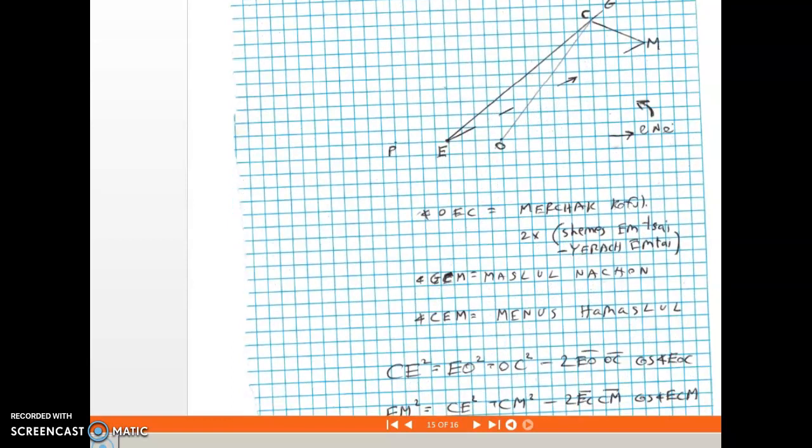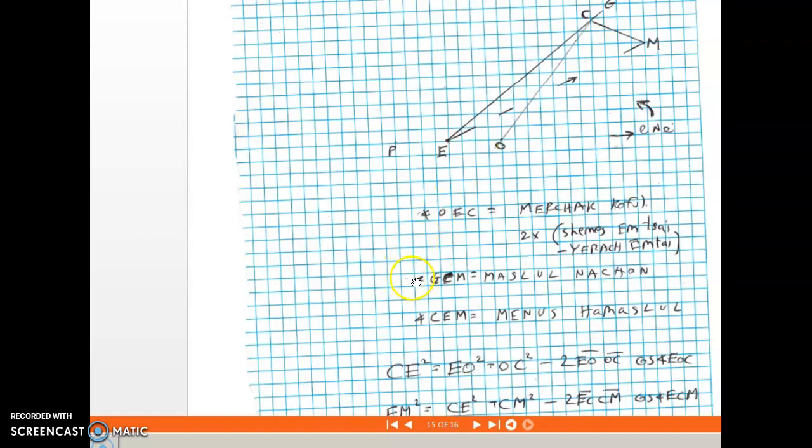OEC is Merchak Kefel, 2 times Shemesh Emtsoi minus Yereach Emtsoi. It's double the amount from Shemesh Emtsoi to Yereach Emtsoi. You double that, that's how you find the angle CEO. The Rambam gives you values, Merchak Kefel, to find the Sefes Maslul. We're not going to go into that.